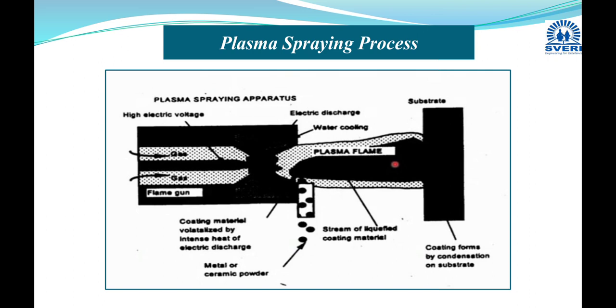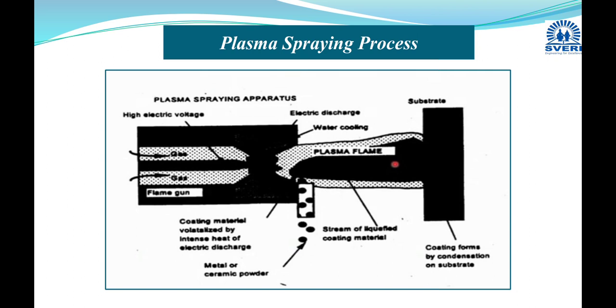In this plasma zone, you feed the material in the form of powder, and then subsequently it is sprayed onto the surface of the substrate. So this is how the plasma spray operation is carried out.